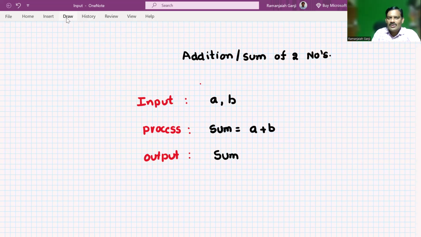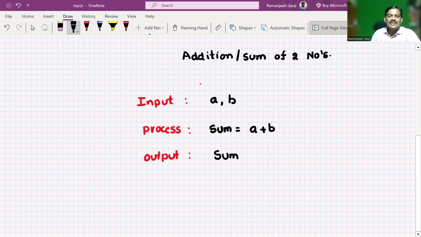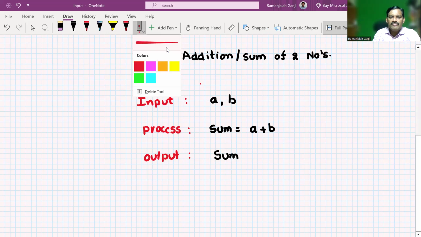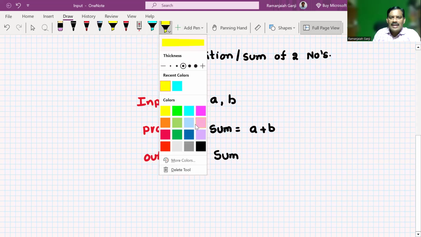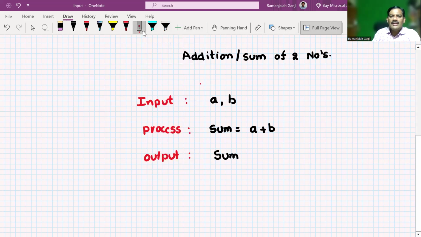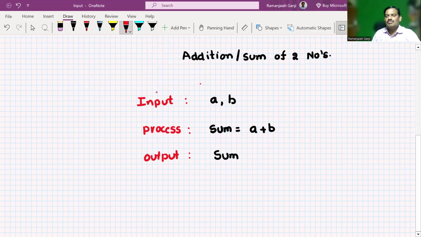This is analysis. Analysis is nothing but a model where we have gathering of information, collecting information about the problem. That problem may include various aspects. What is input?